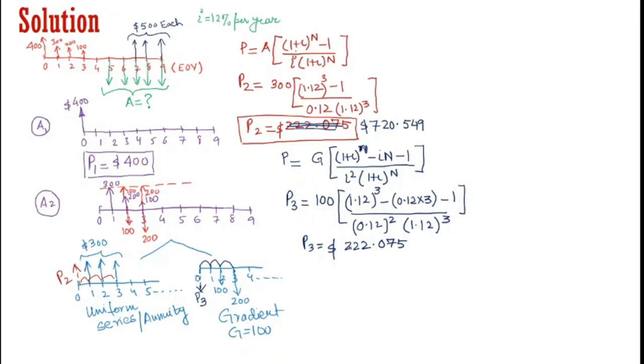The $222.075 was the equivalence of the uniform series at the present point, that is at t equal to 0 or the beginning of year 1.